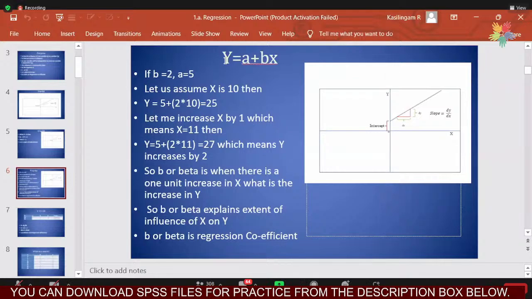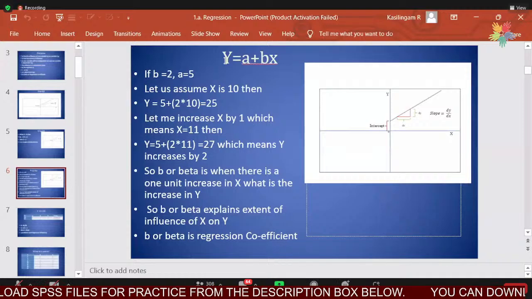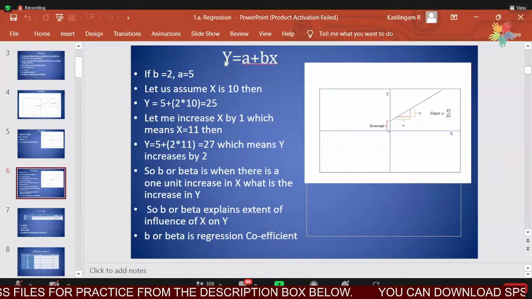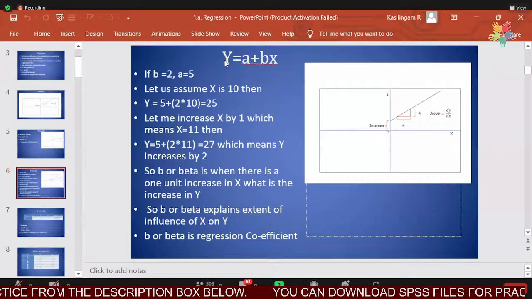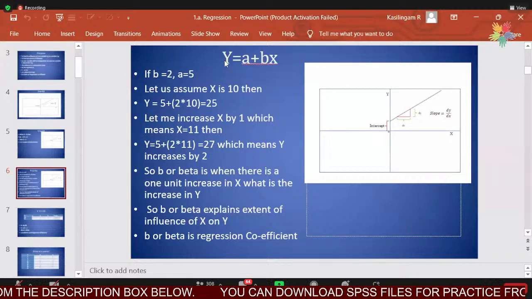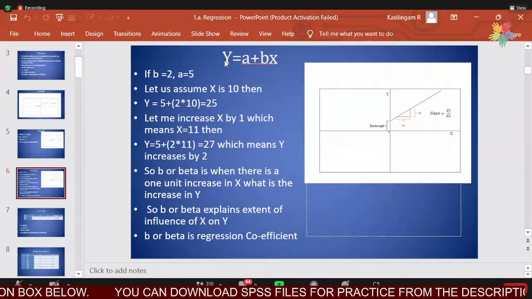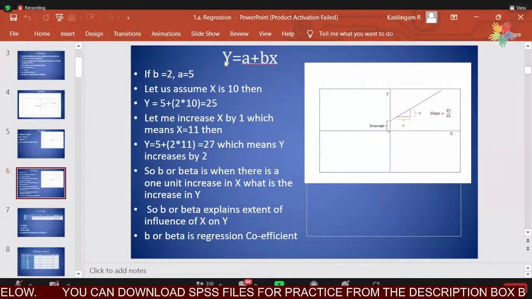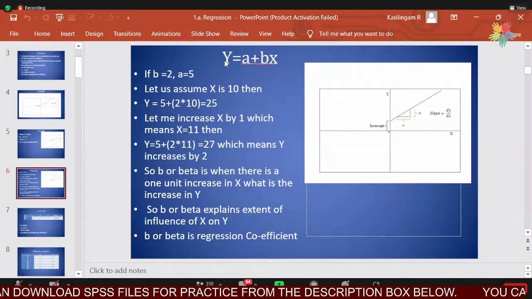So when the beta is 2, which means when you increase x by 1, y will increase by 2. So beta talks about the extent of influence, to what extent x is having an impact on y.